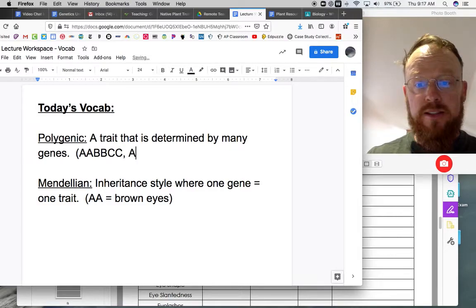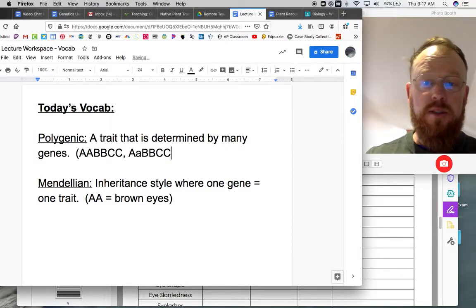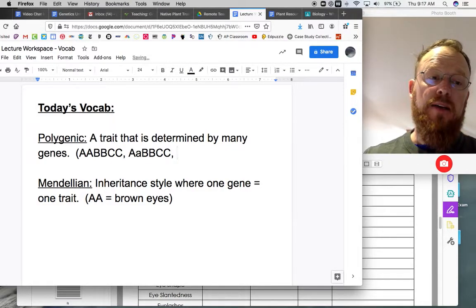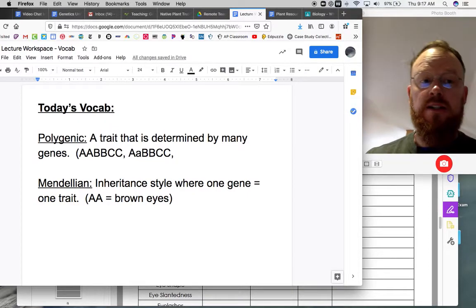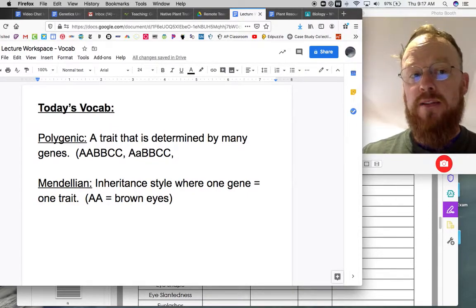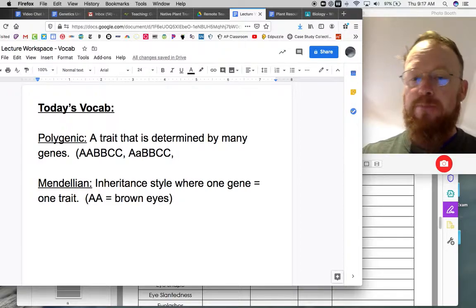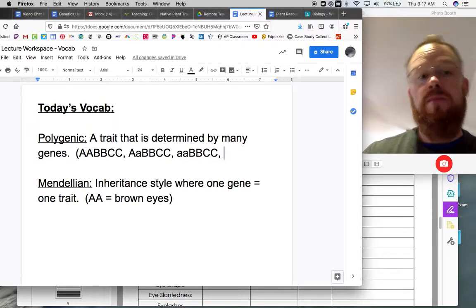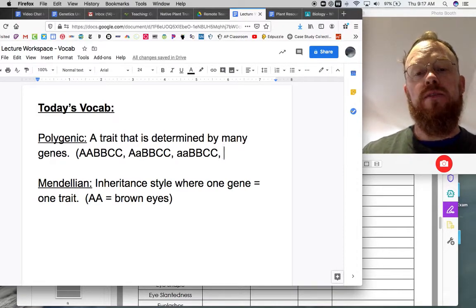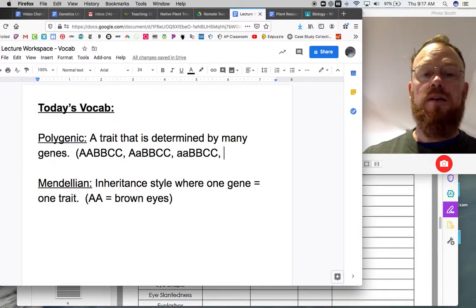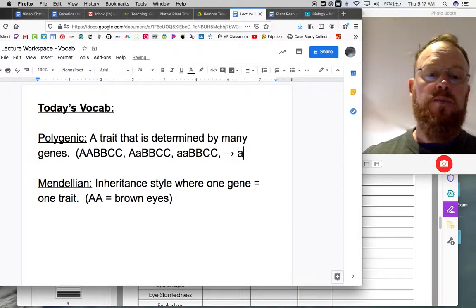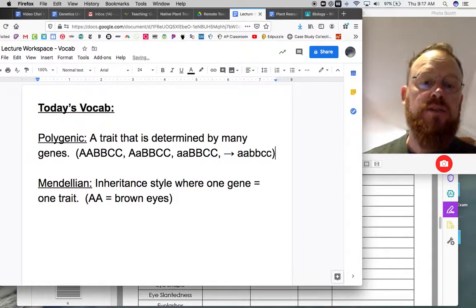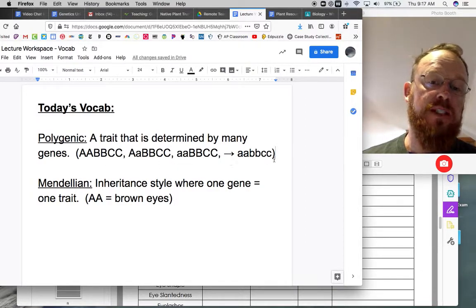Or you could be heterozygous for the first gene and homozygous dominant for the next 2. Or homozygous recessive for the first gene and homozygous dominant for the next 2. And at the other end of the spectrum, homozygous recessive for all 3 genes.